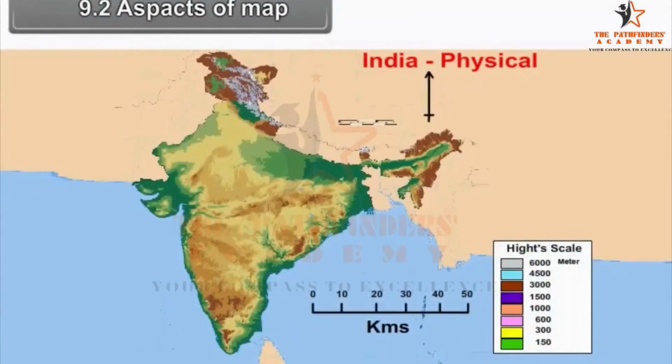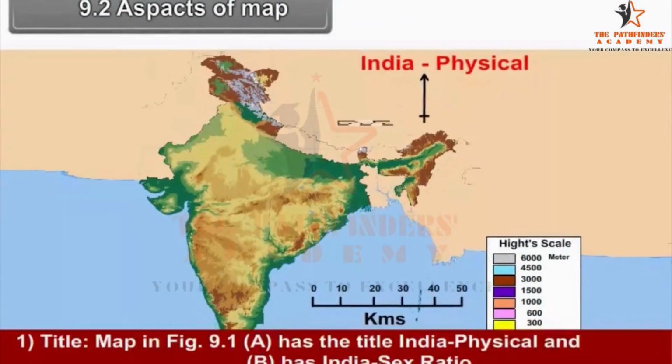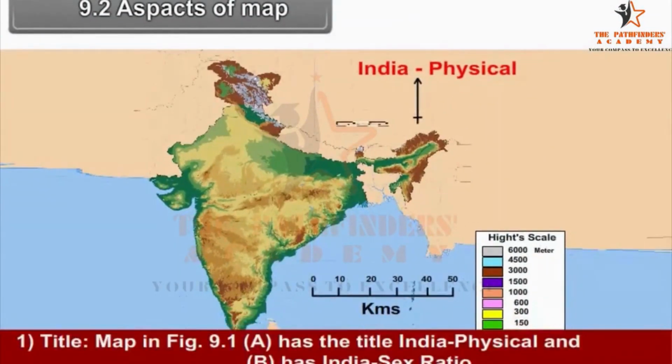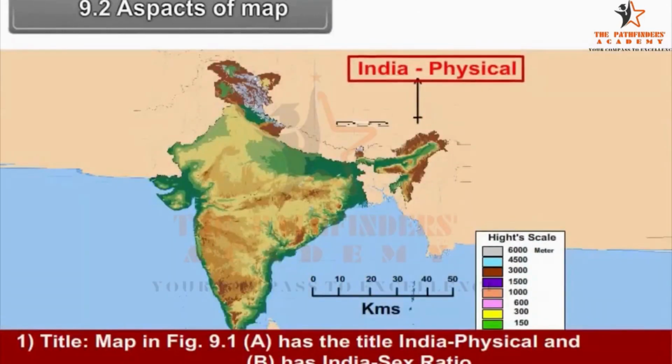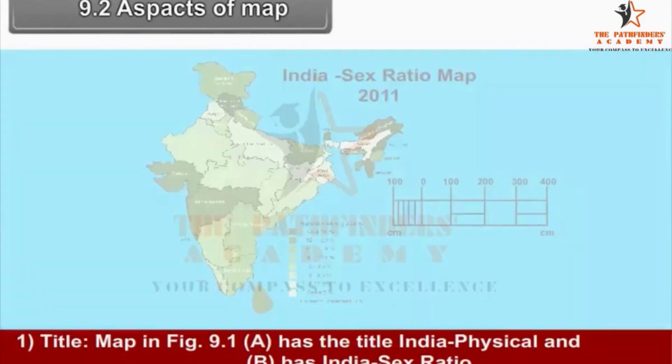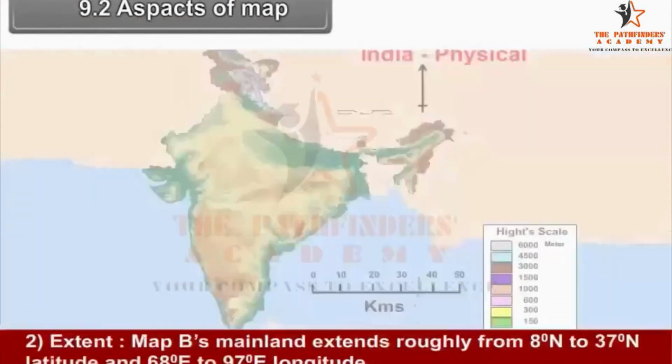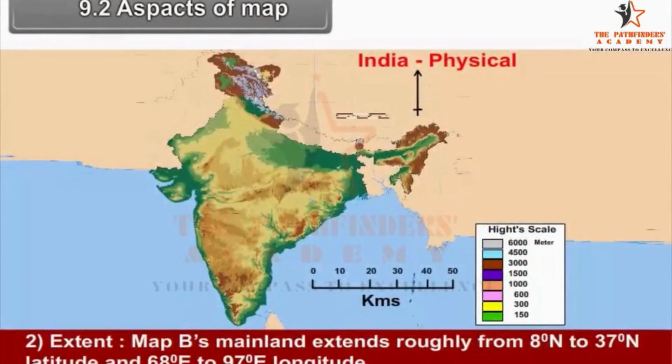9.2 Aspects of Map. 1. Title. Map in Figure 9.1. A has the title India Physical and B has India Sex Ratio. 2. Extent.